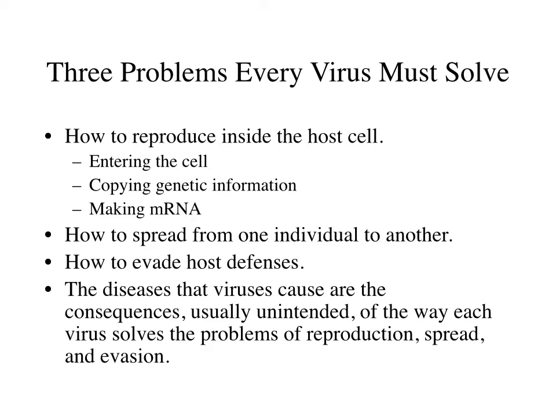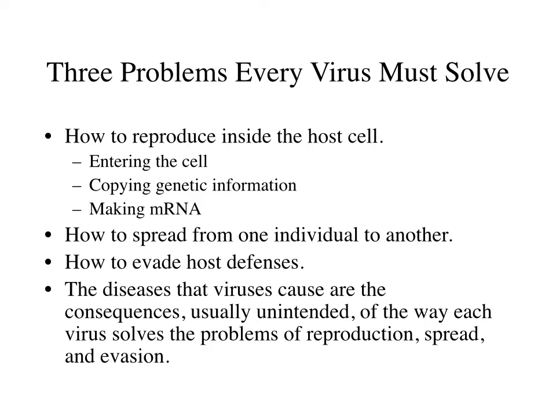When a virus infects a host, there are three basic problems that it faces. Of course, it has to be able to reproduce within the host's cells, which requires entering the cell, copying genetic information, and making messenger RNA so that viral proteins can be produced. The next step is, how does the virus spread from one individual to another?